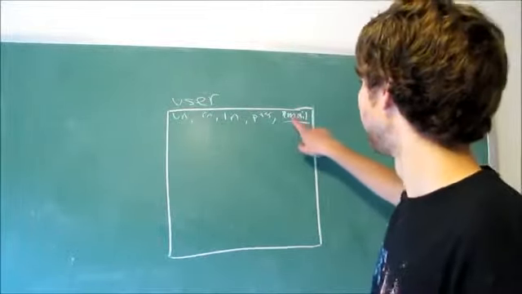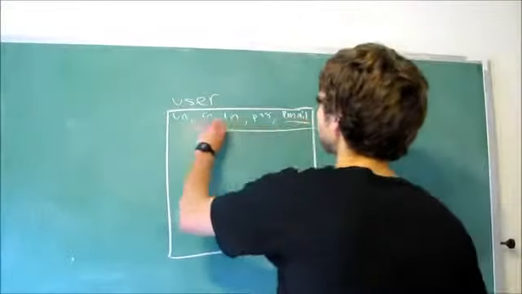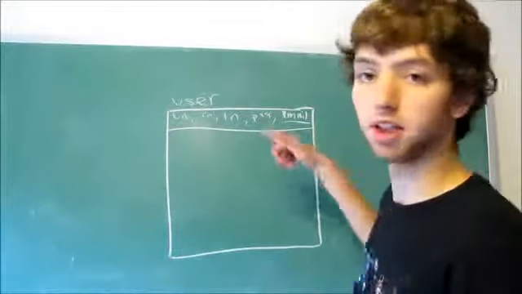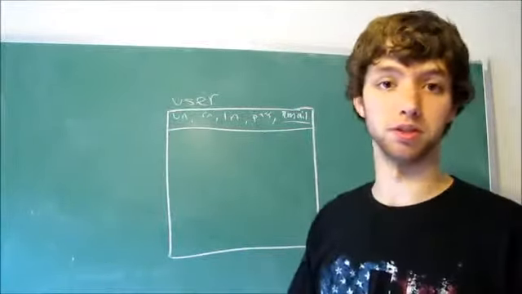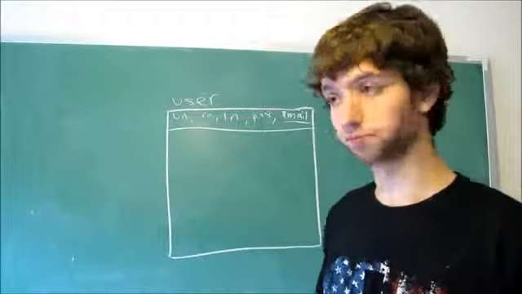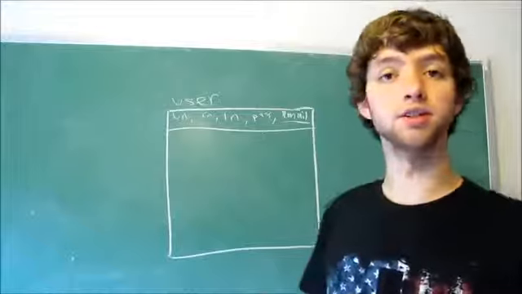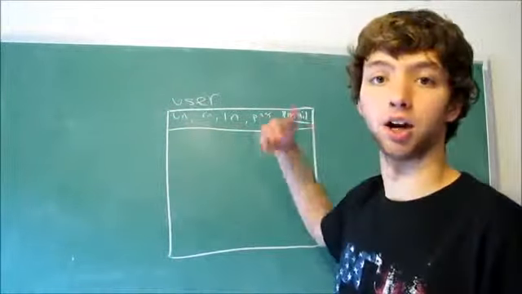That's because every single row within this table should have a separate email. Some websites allow you to use the same email more than once. If that's the case, then this would not be a good key. This kind of key is known as a natural key, because it's naturally already in our table.